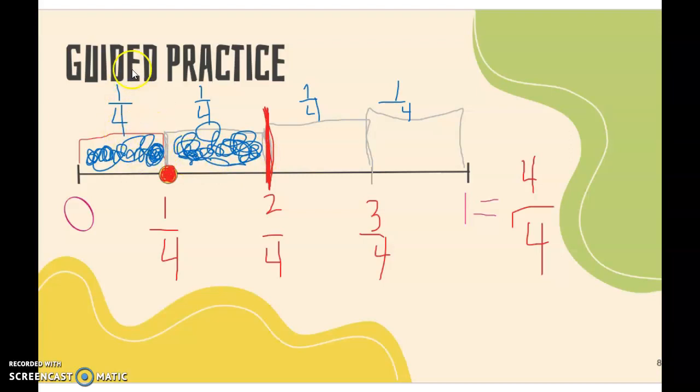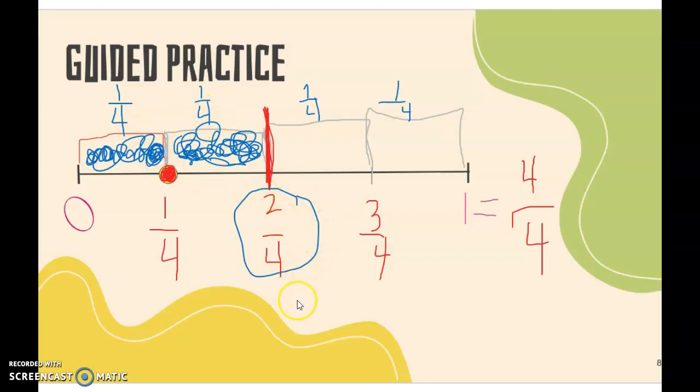When we're looking at each individual piece, we just want you to understand that this piece represents a fourth, this represents a fourth, this represents a fourth, this represents a fourth, because we divided the number line into four equal parts. However, if I just wanted to know what is the fractional representation from point 0 to my midway point, I will say 2/4. I wouldn't say 1/4.